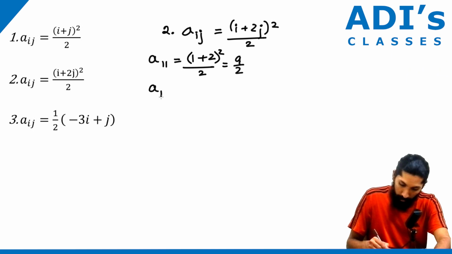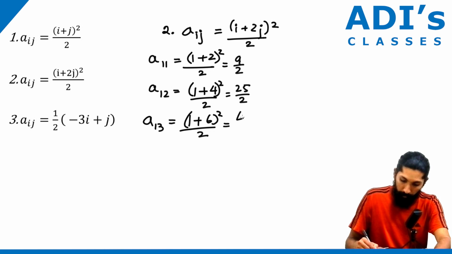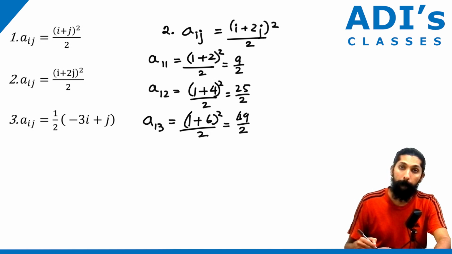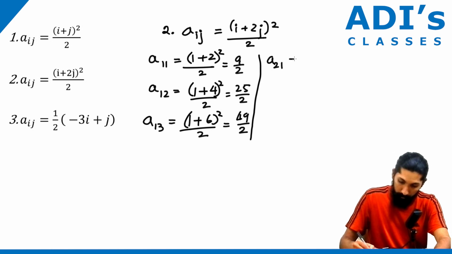Next, A12 is equal to (1 plus 4) whole square divided by 2, which is 25 by 2. A13 is equal to (1 plus 6) whole square divided by 2, which gives you 49 divided by 2.